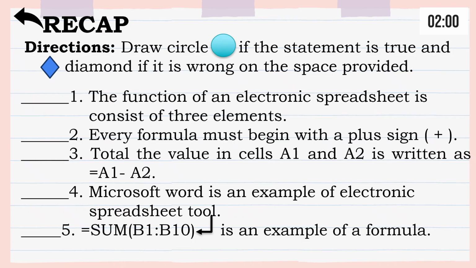We draw a circle if the statement is true and a diamond if it is wrong on the space provided.